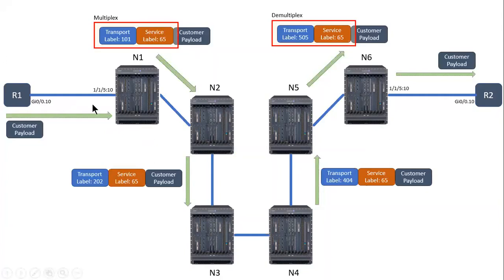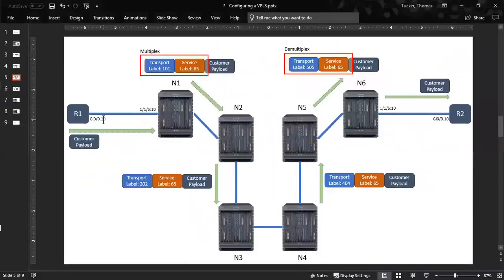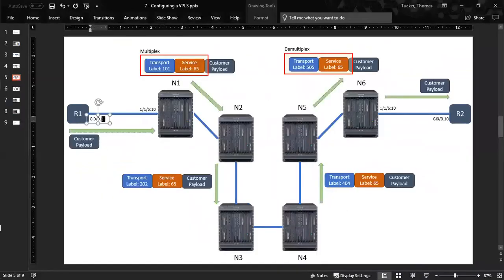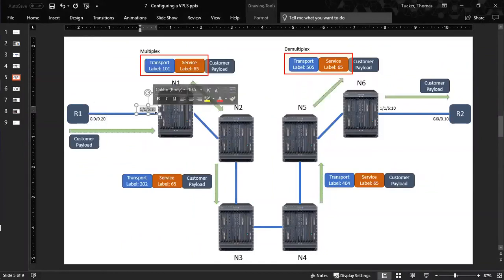But just briefly reviewing the life of this packet, this customer payload ingresses our ingress LER, label edge router, through the SAP 115:10. And this should actually be 20 because we're going to use the VLAN tag 20. Let me go ahead and correct this, because if I don't do it now, I may forget.